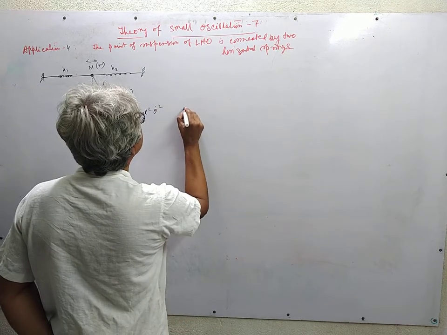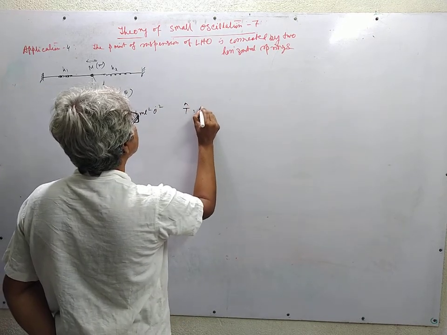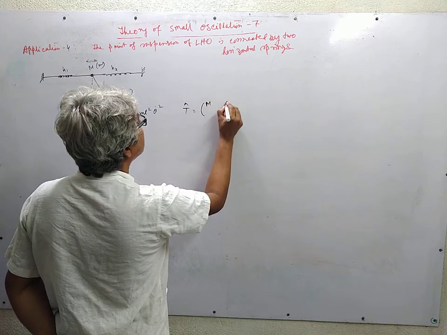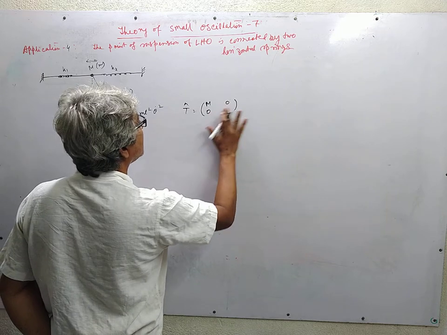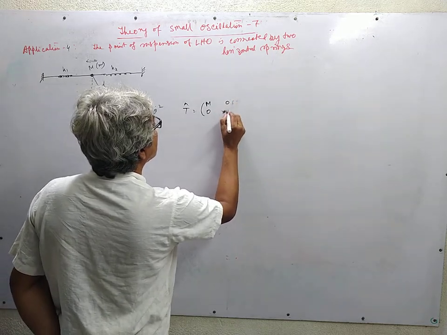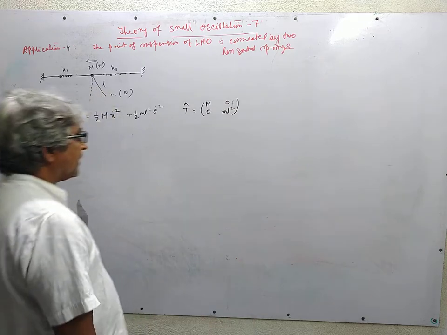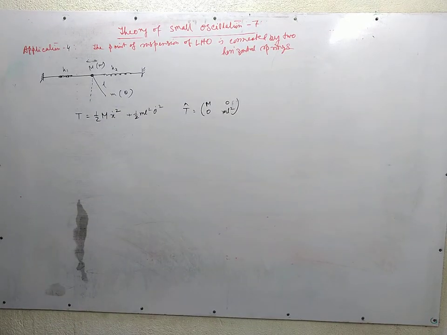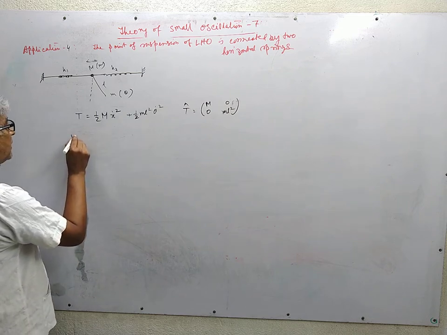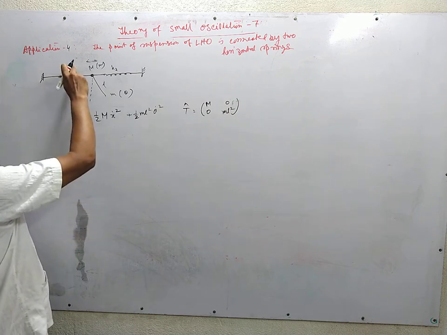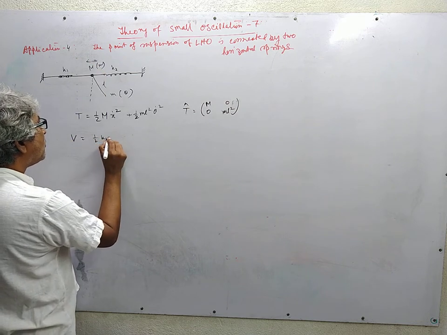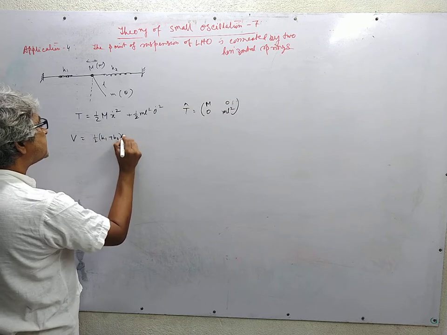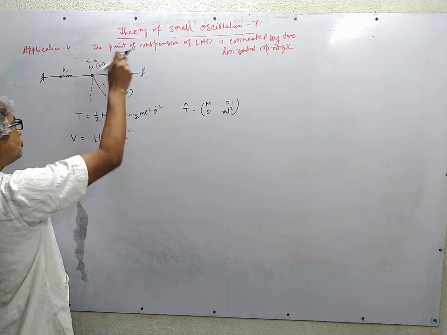So the kinetic energy operator is simply M, 0, 0, small m l square. This is the kinetic energy operator. And potential energy: the potential energy of this spring is half K1 plus K2 x square, because there we have two springs.